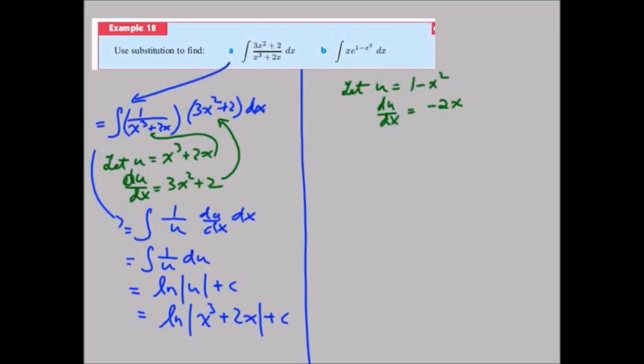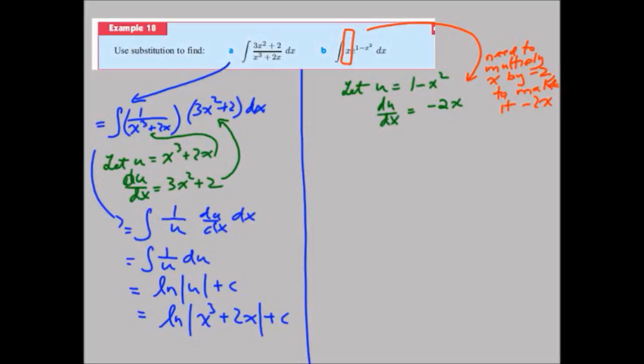Okay, well, negative 2x doesn't show up in our expression, but x does. So what do we have to do to x to make it look like negative 2x? We have to multiply it by negative 2.